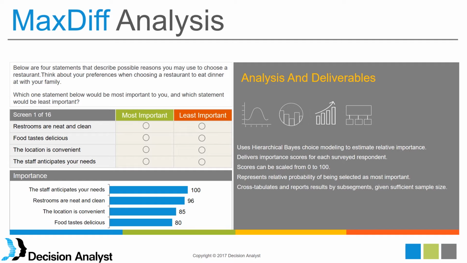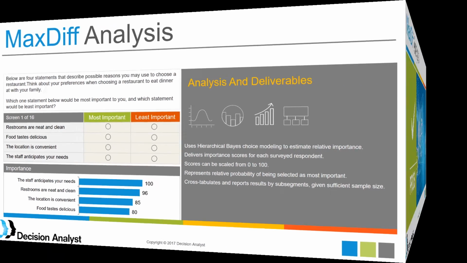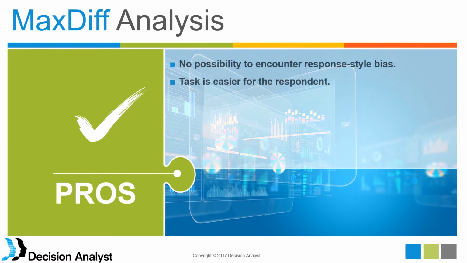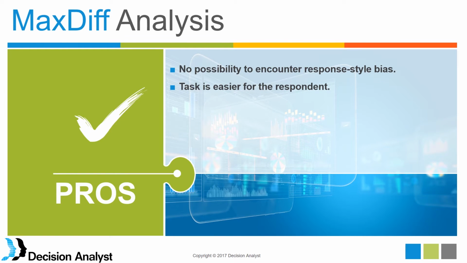What's good about this technique is it gets away from the ratings-based problems such as response style bias. The task is also definitely easier for the respondent than rating something 20 times or ranking that many items. That's a difficult thing for people to do.